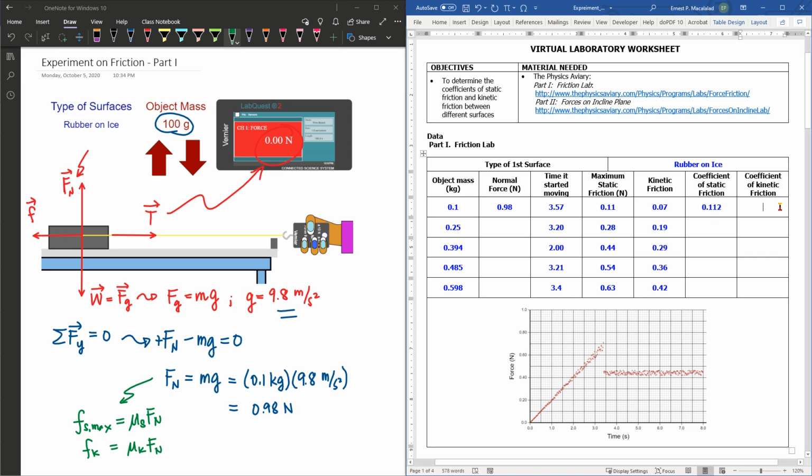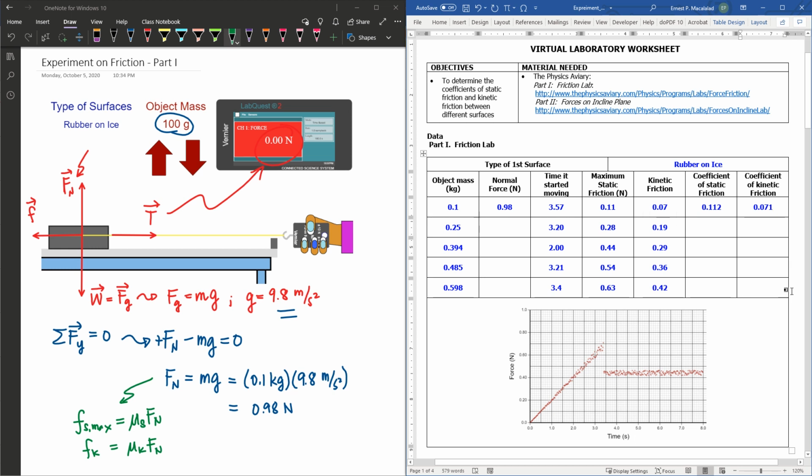On the other hand, the coefficient of kinetic friction will just be equal to the kinetic friction 0.07 newtons divided by the normal force Fn, which is 0.98. And the answer is 0.071. Okay? And then you will do the rest of the trials.